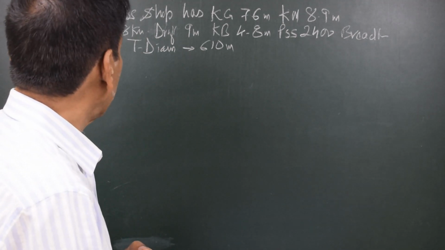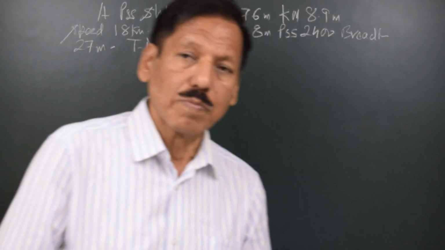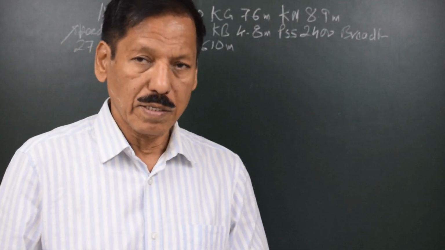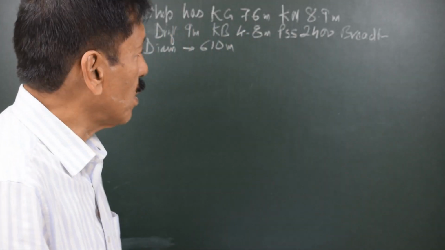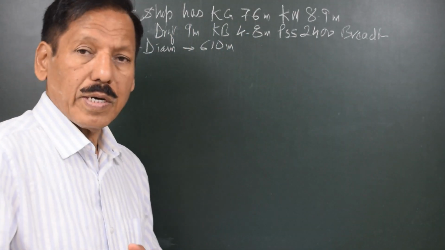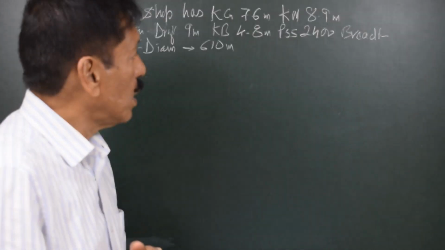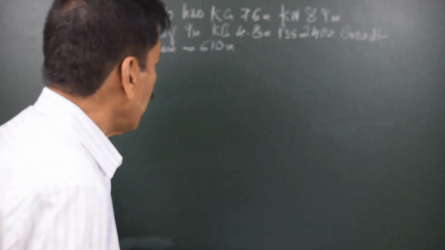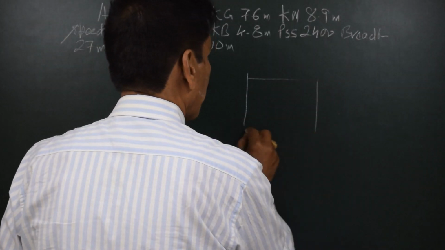The breadth of the ship is 27 meters and the tactical diameter when she takes a sharp turn is 610 meters. So let us first see whether she will satisfy the criteria in respect of maximum heel that is caused while she takes a turn. Now first, let us understand what actually happens.